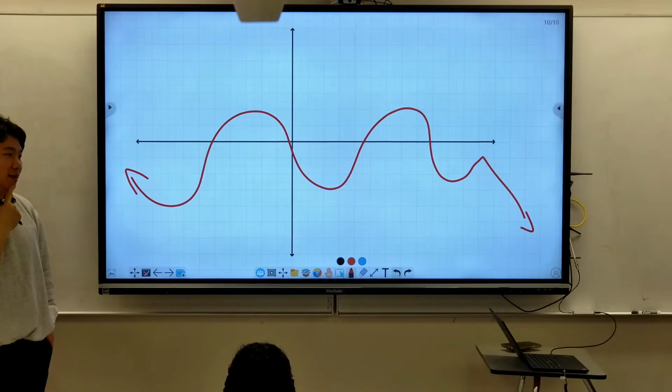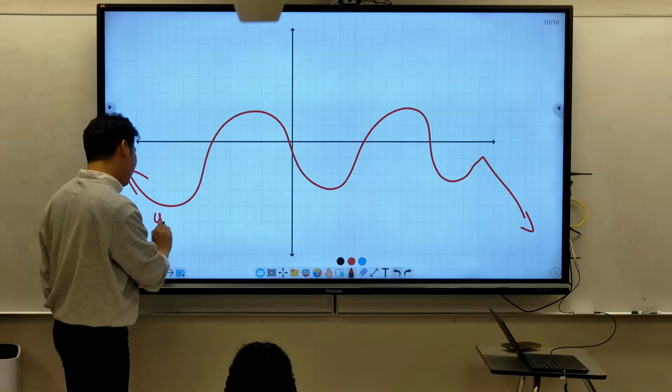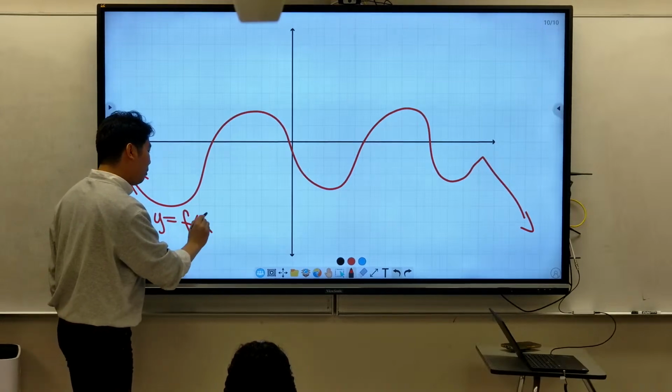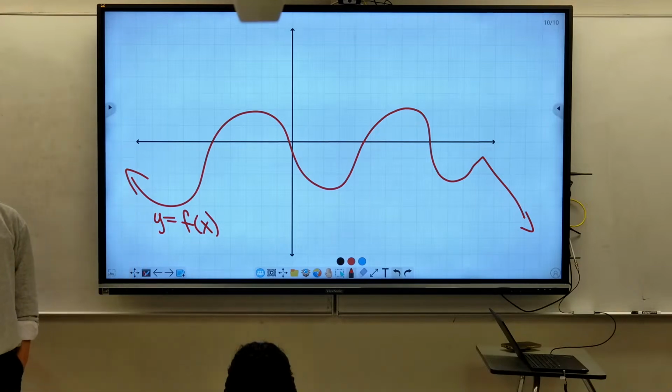I intentionally made these a little wonky and crooked. The question is, how would I even do that? And let's say that I knew what this function was. It was some kind of weird x function. In other words, if I only gave you the equation and it doesn't turn out to be these perfect little shapes, how do we even find the area?